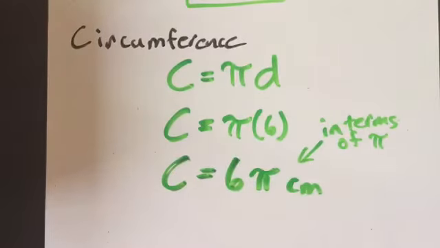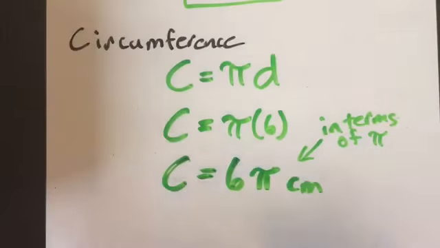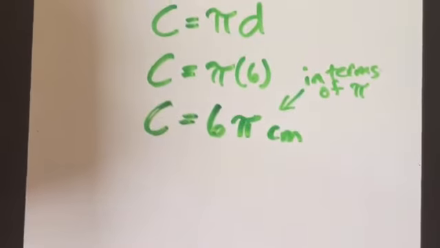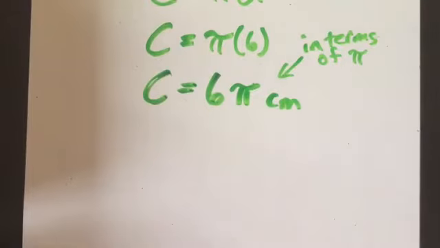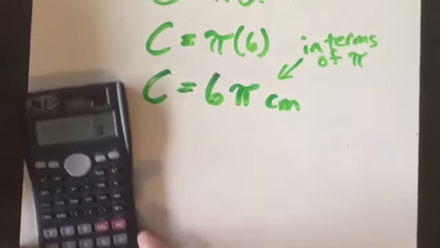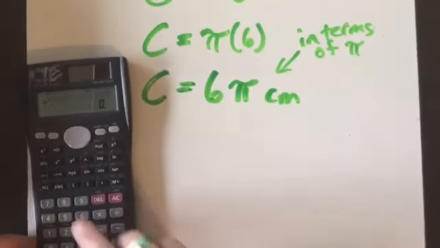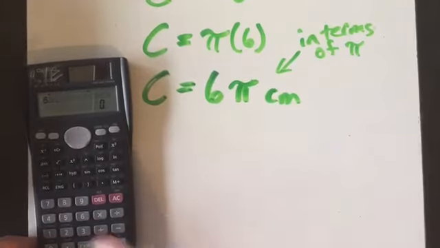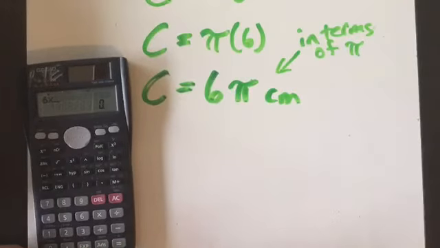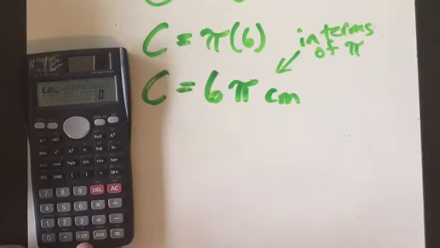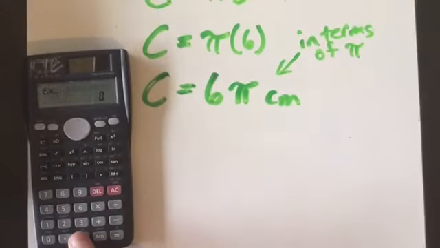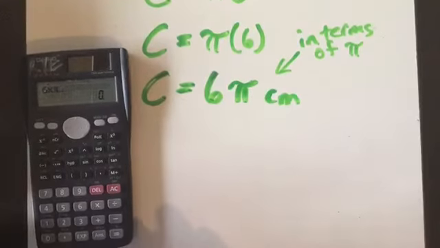But if we are going to find our calculation using the calculator, using the pi button, I'll talk through the steps. We're going to take 6, push times, and then find our pi button. So in the Casio calculator, it's here above the EXP. We're going to hit shift, because I have to hit shift to access it. On the TI calculator, I think it's just there, the pi button.